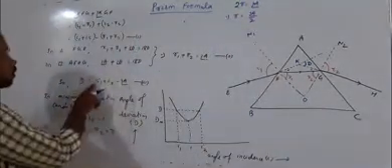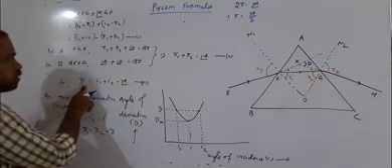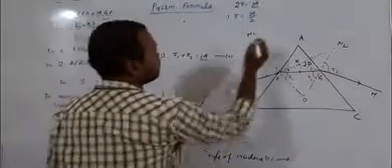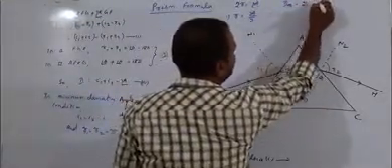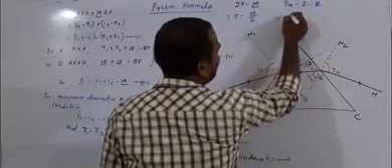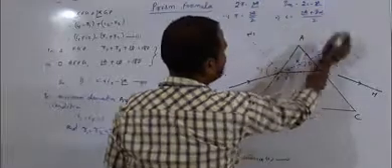Similarly, consider equation 3. When I1 and I2 are equal, the deviation is called the minimum deviation. So equation 3 becomes the minimum deviation Dm is equal to 2I minus angle A, or I is equal to (A plus Dm) by 2.